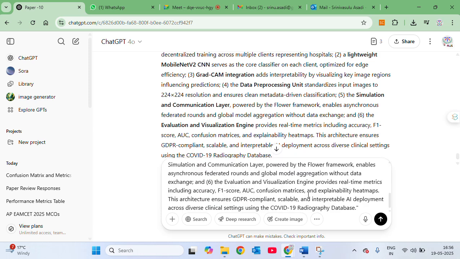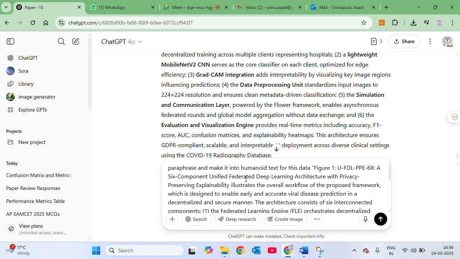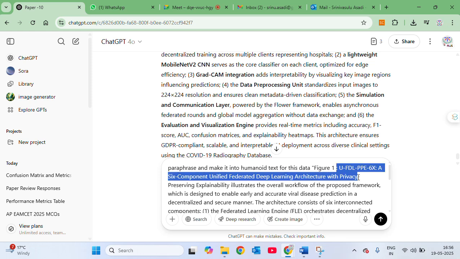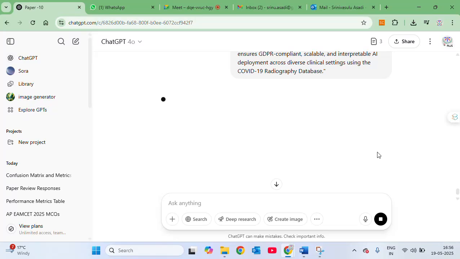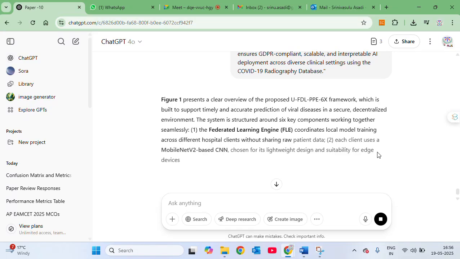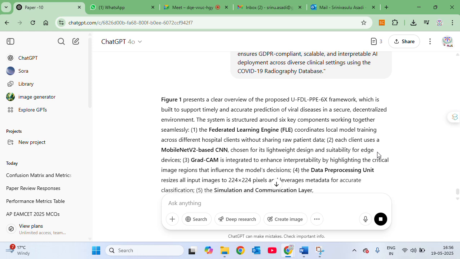Okay, so you need to remove this one from figure 1, and remove "illustrates" like this. Okay, now we are making it as a paraphrase, so there are 6 major components.